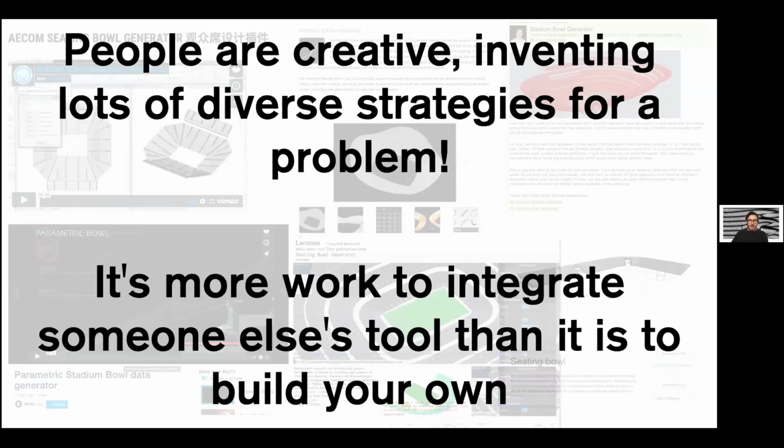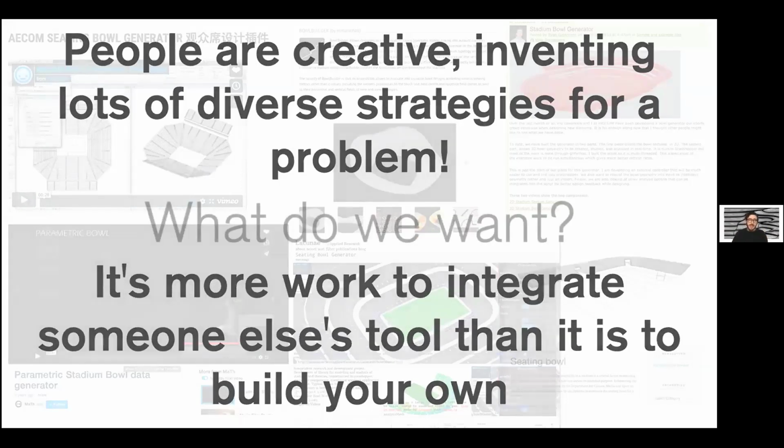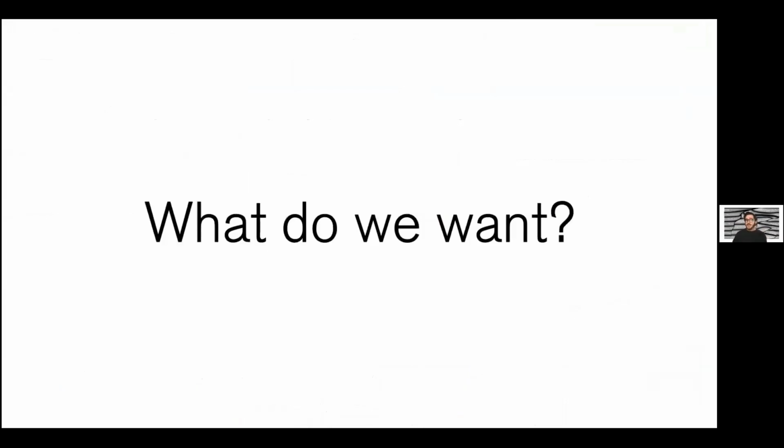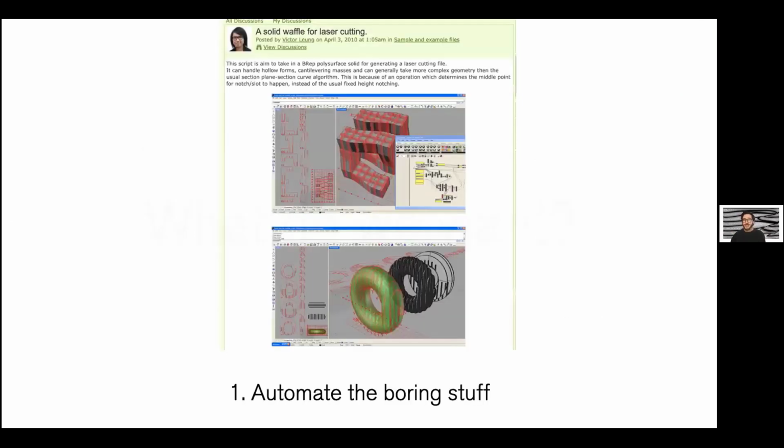So I want to sum up a few of the big takeaways from everything that I've just said. What do we want as designers? What should future design environments look like? I think one thing that we want, the thing that got me hooked on Grasshopper from the beginning, is we want to automate the boring, repetitive stuff.